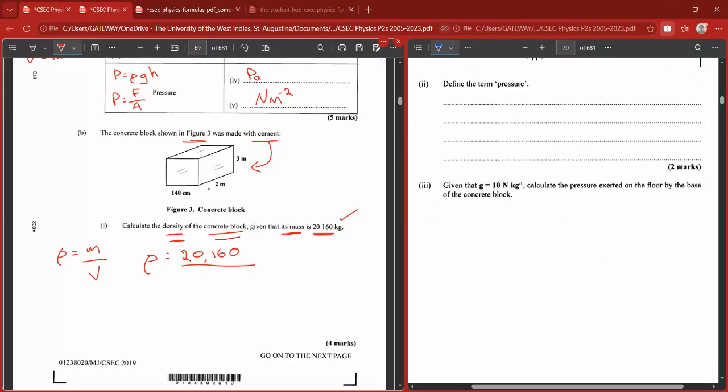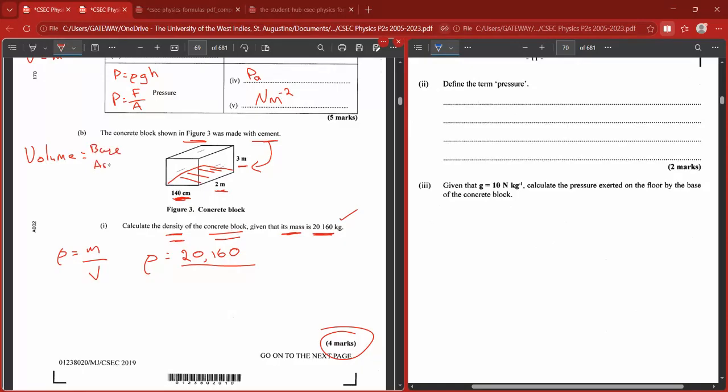Now, this is tricky, eh? This is 4 marks to calculate density. This is tricky. Reason being is this is 140 centimeters. This is 2 meters and this is 3 meters. So the volume is the base area, which is the area, the bottom face.